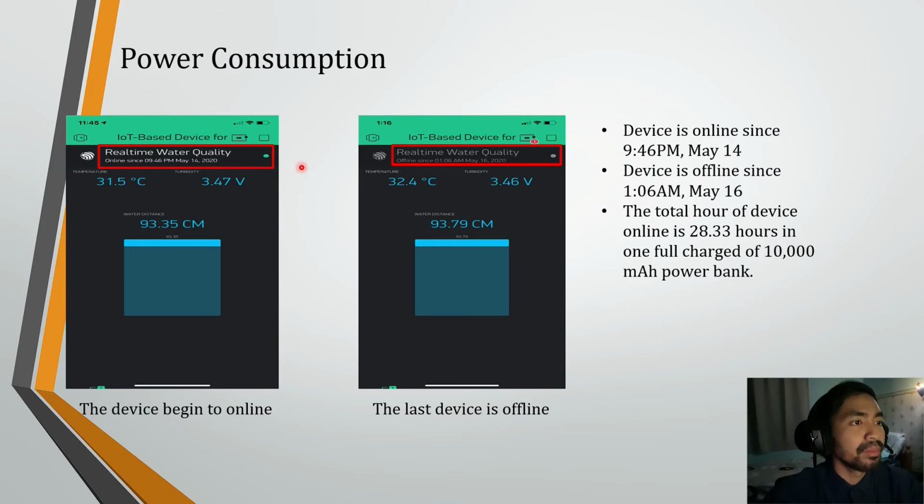Then the last reading, when the device went offline, is 1:06 a.m. on May 16. So the total time the device was online is 28.33 hours on one full charge of a 10,000 mAh power bank.